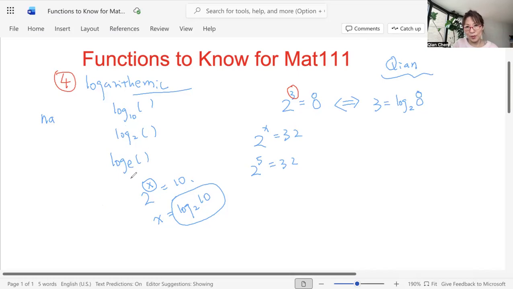Remember e equals 2.718, blah, blah, blah, keeps going on. Log base e, we call natural log. Natural logarithmic. And because we use log base e so often, we simplify it as ln.